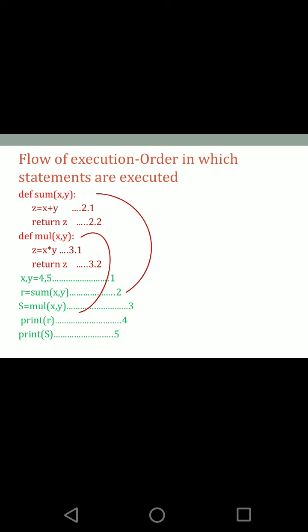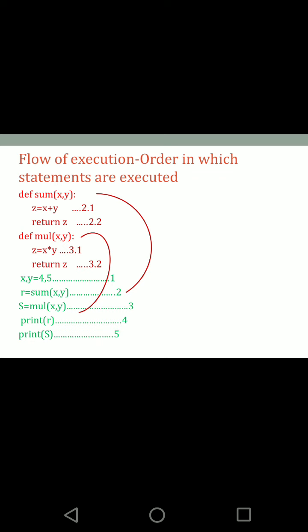It takes the values of x, y from 2 and executes in 2.1. Then it executes 2.2, return z. The value x plus y is calculated inside the function and assigned to z. When it returns z, where is it stored? It is stored in r. So sum of x, y means the sum function will act upon x, y and return the value z, which is copied to small r.